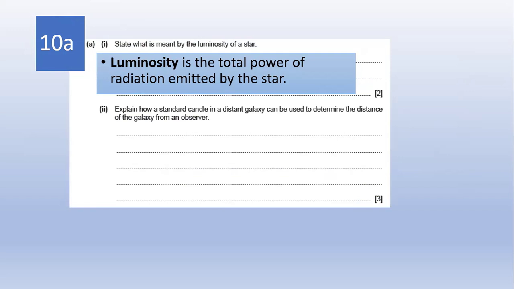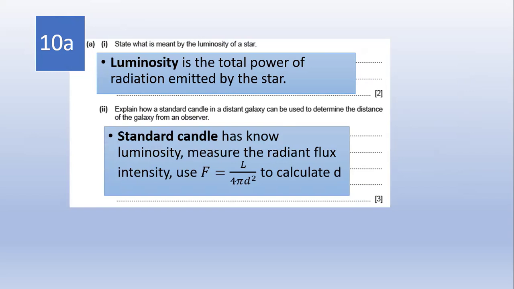The observer measures the radiant flux intensity received, and the distance is calculated from the formula F equals L over 4 pi d squared. A standard candle has known luminosity.